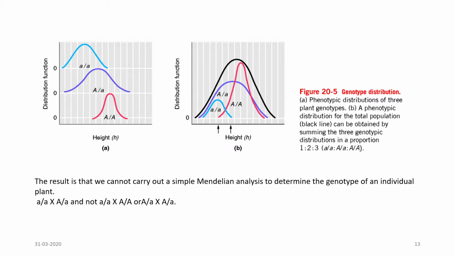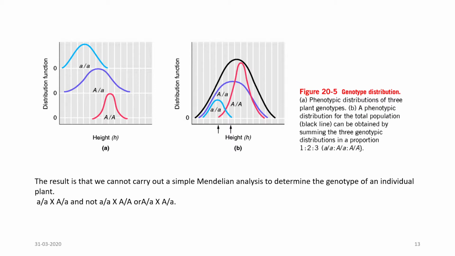When the environment is kept constant, the homozygous dominant has a higher intensity, say 3, the intermediate character has intensity 2, and the distribution of homozygous recessive is 1. So there is variation in the population. When you combine them, that black line is the total population variation.